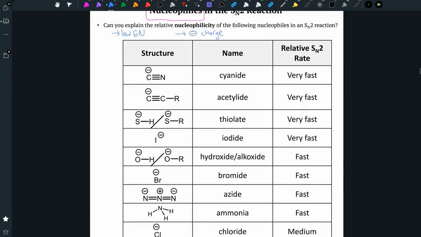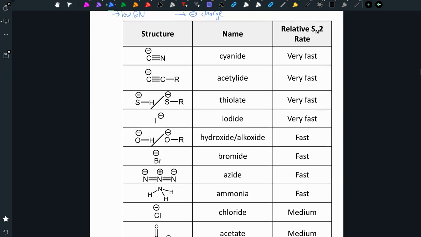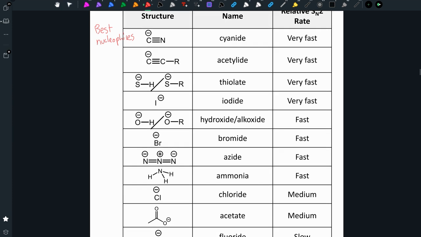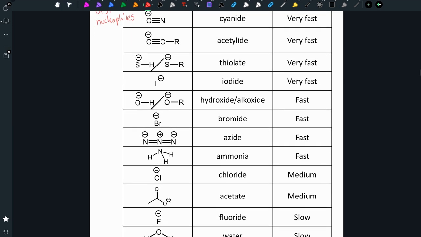So if you look at this list, you have your better nucleophiles at the top, and then some in the middle that are good nucleophiles.